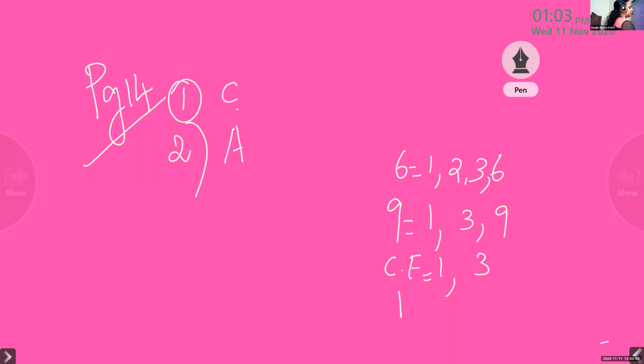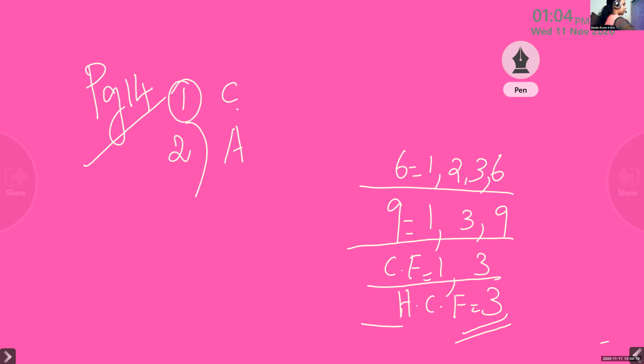Which is the highest common factor? 3. So those children who have any doubt in the division method, first write down all the factors of 6, all the factors of 9, then the common factors. From the common factors, you can write the highest common factor.